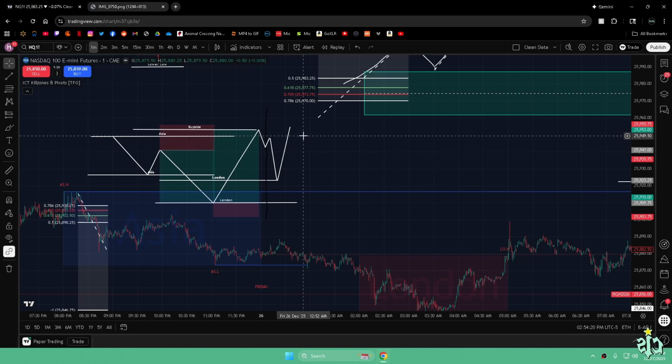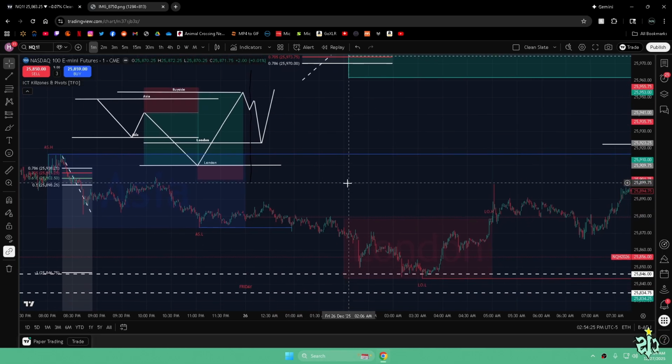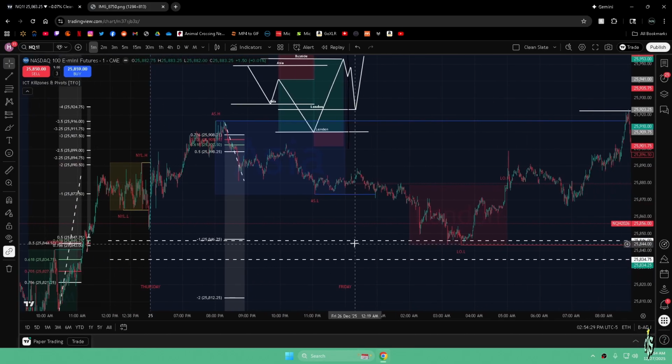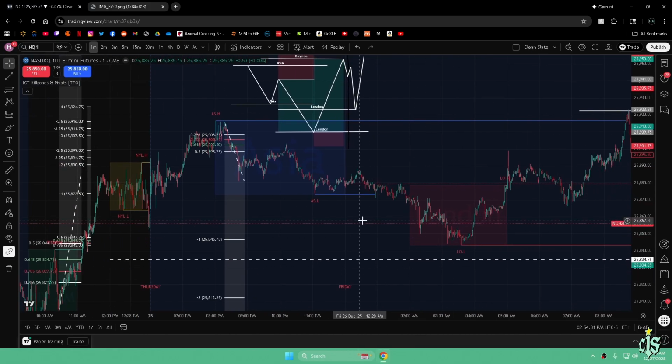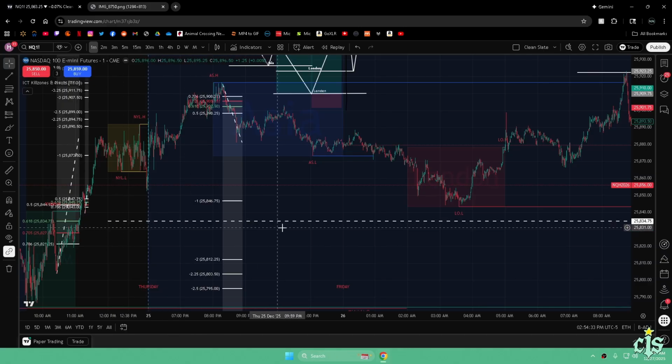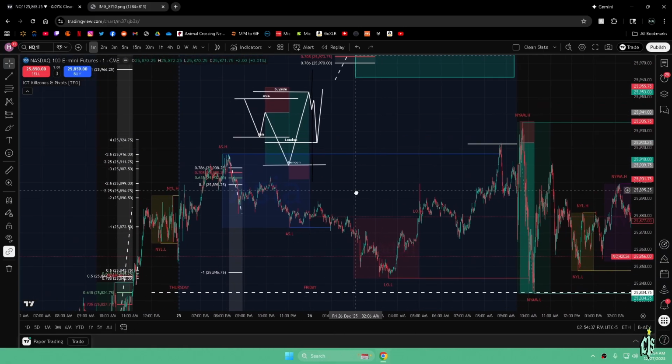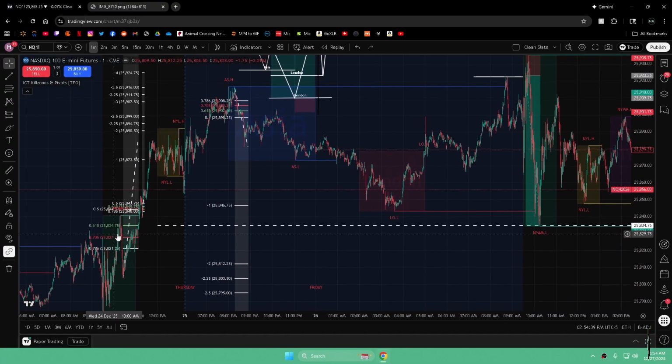So I'm willing to risk that we're gonna go lower. And plus, we have our OTE zone down here that we haven't cleared. So I'm gonna remove this one because we already tapped it. So here's our next OTE zone that we need market to tap, right? So that's my draw on liquidity right here, this imbalance.